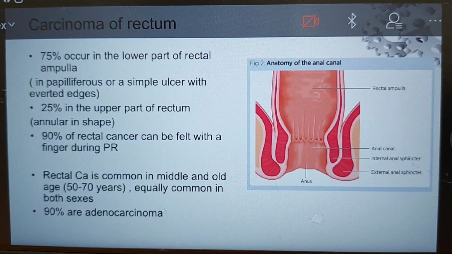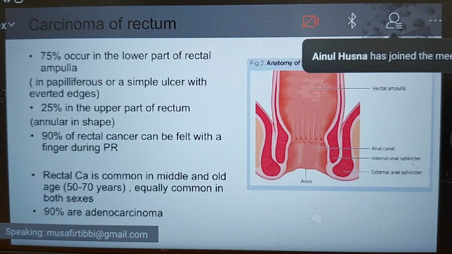Okay, so 90% of rectal cancers can be felt with a finger when we do a digital rectal examination. That's why digital rectal examination is very important in patients presenting with lower GI bleeding. Rectal carcinoma is common in middle and old age, and equally common among males and females. 90% of rectal carcinomas are adenocarcinoma initially.